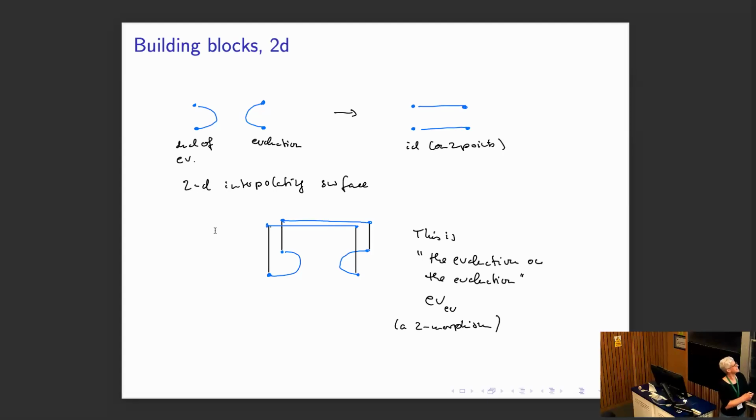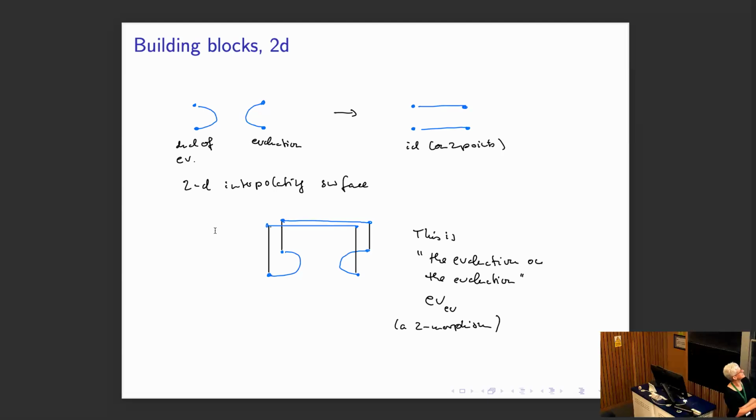So let's take this thing and its dual thing. So this is the thing together with its dual, and now we want to make this an evaluation. So we want to map it to an identity, and this identity on 2 points.